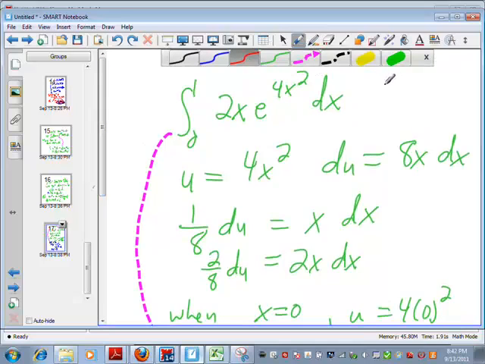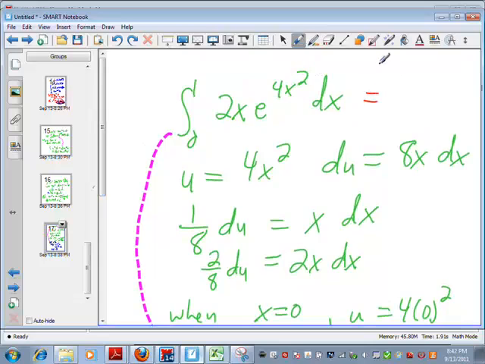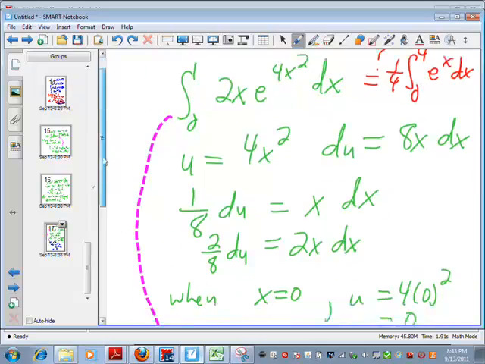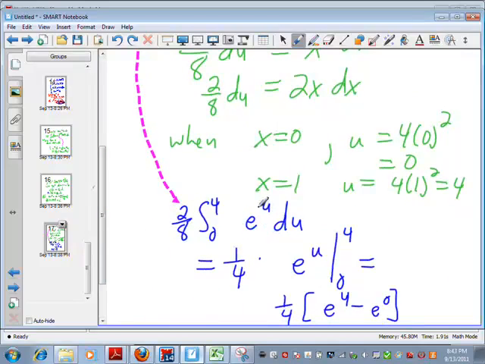Wow. So if I say, is this true or false: this is equal to 1/4 the integral from 0 to 4 of e to the x dx. Is that true or false? That is true, because all you do is substitute, and that is what that is.